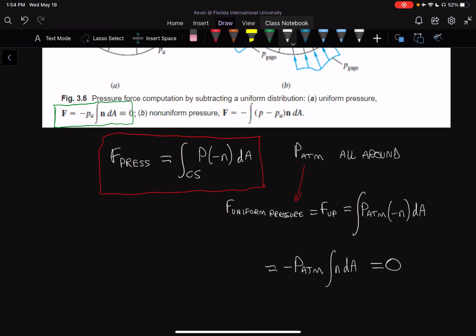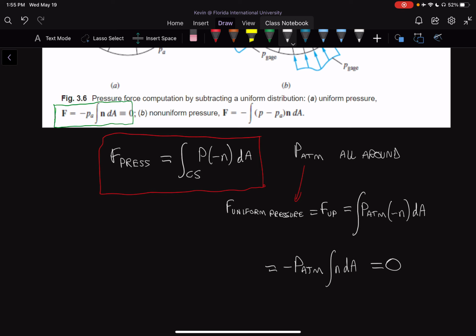So we know that atmospheric pressure is 101,325 pascals. Yet as human beings, we live every day with this pressure and we don't really feel it. The reason we don't feel this pressure from the atmosphere is you can think of us as a closed control surface.